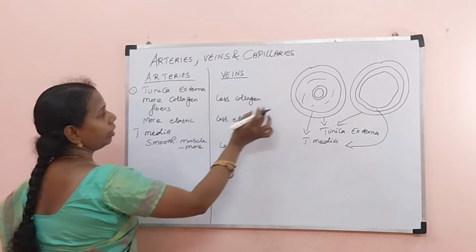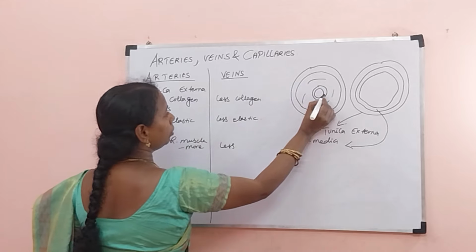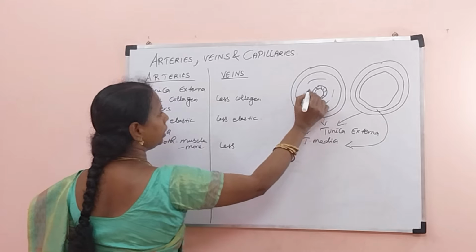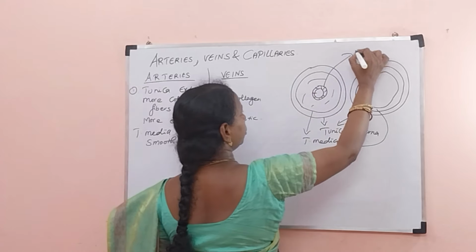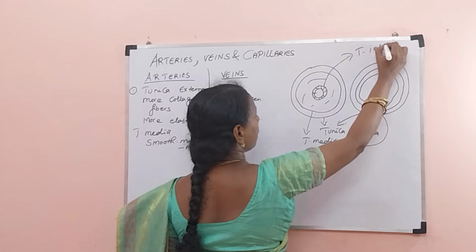And then you can find the endothelium. This is what we call tunica intima, which is endothelium.